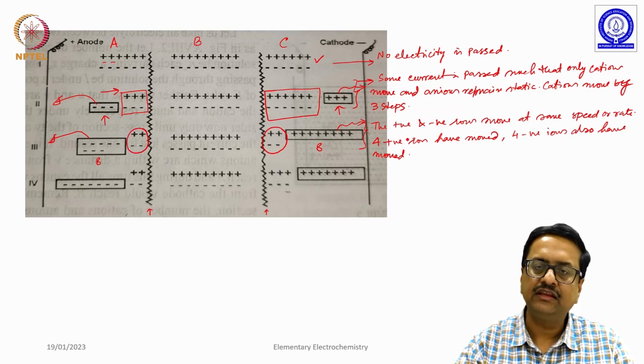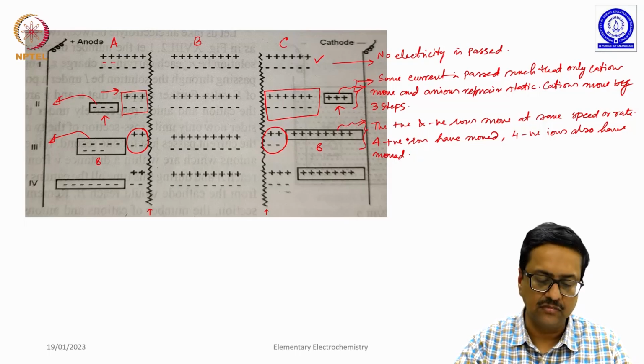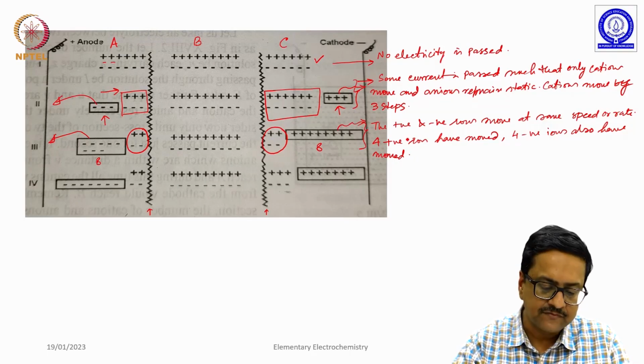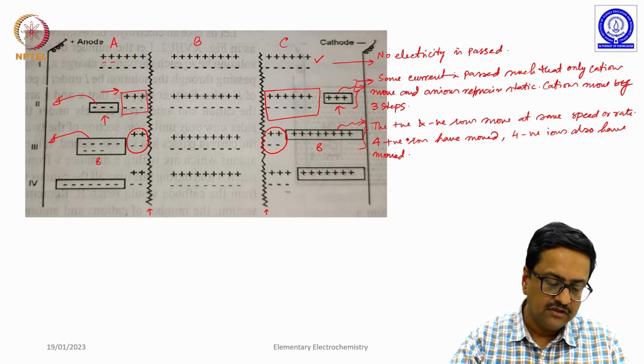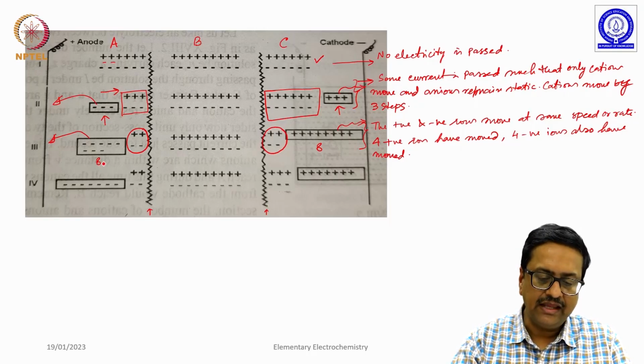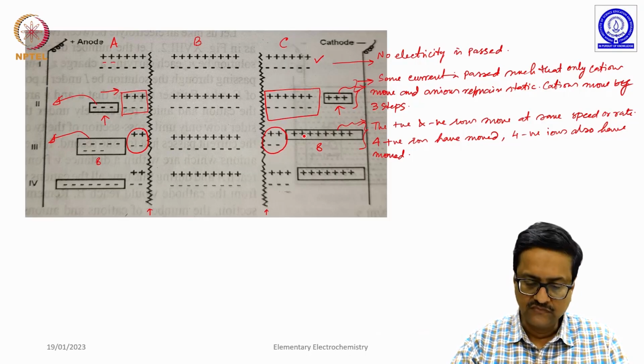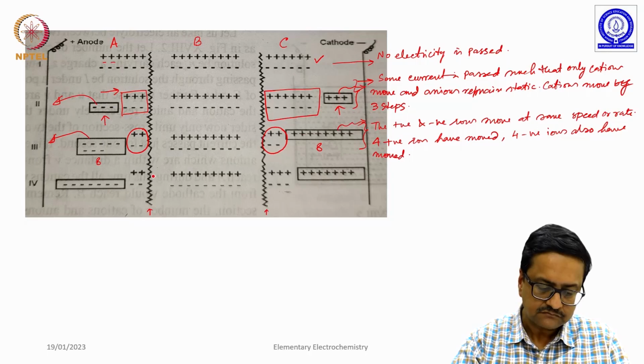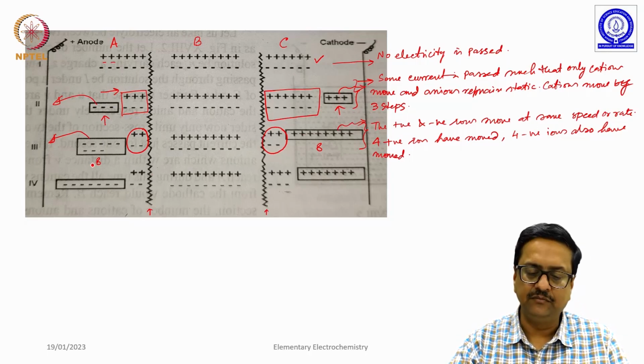So, now you see when the cation and anion have moved in their respective directions in equal amount, the change in concentration in chambers A and C is the same. So, the final concentration at chamber A and chamber C becomes the same.